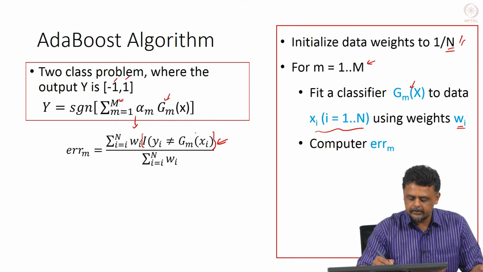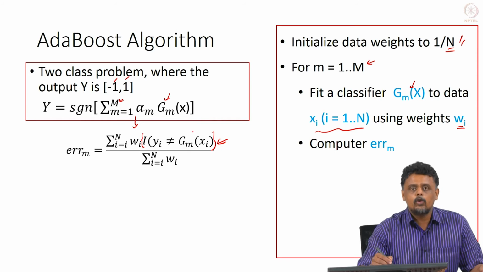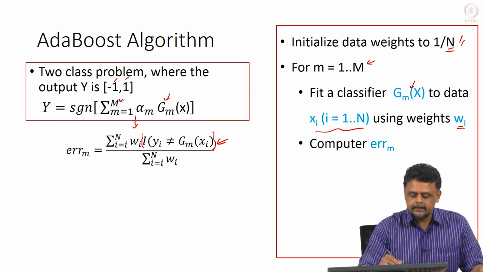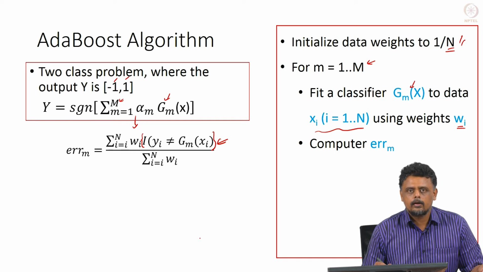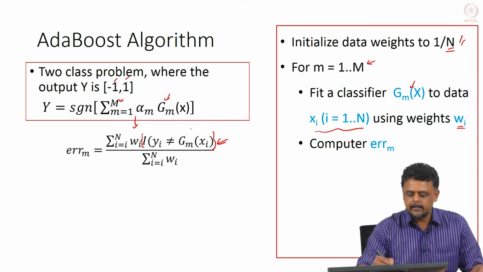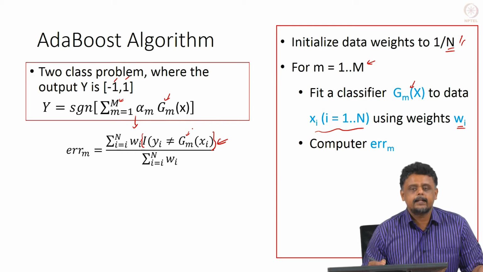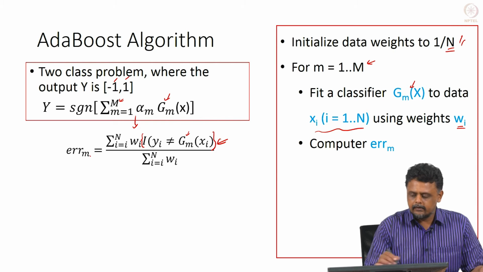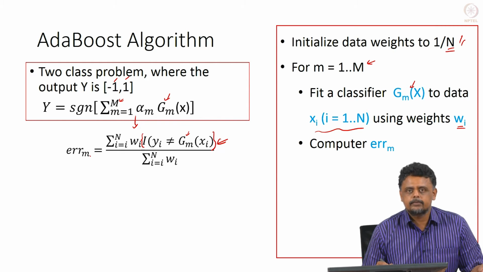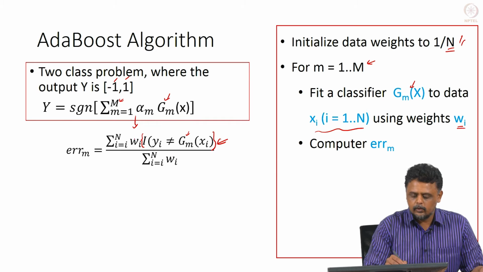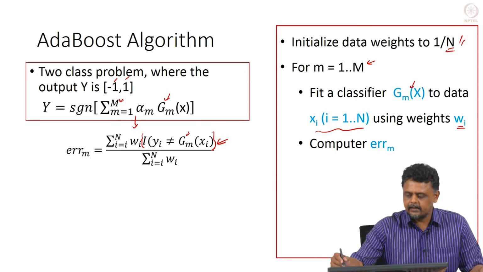GM of xi is the output of the mth classifier, and yi is the ground truth, and I is the indicator function. We are just counting the number of samples xi that have been misclassified by this GM. So, the error that we calculate for this classifier in the mth iteration is the weighted error based on the weights, which for the first iteration is 1 over n.